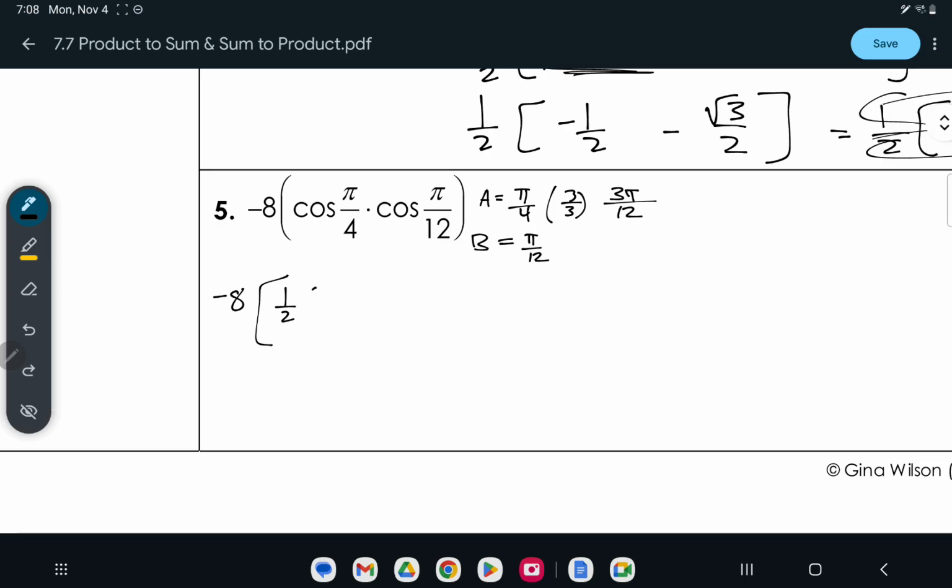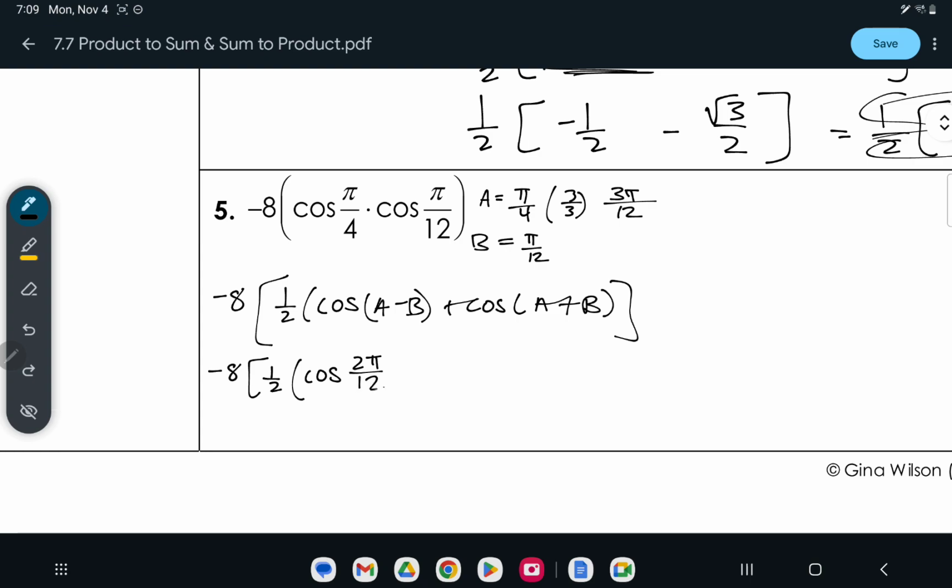We get 1/2 cosine of A minus B plus cosine of A plus B. And now I will just substitute in values. So A minus B. So 3 pi over 12 minus pi over 12 gives me 2 pi over 12, which I'll reduce in a minute.